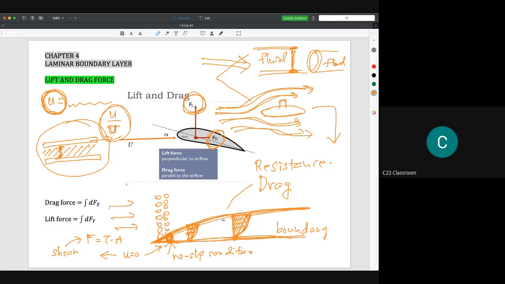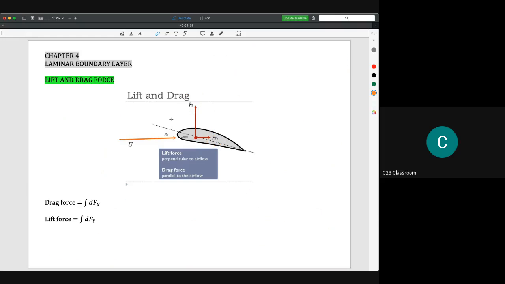So now we assume that we want to see what actually happens in the boundary layer. Okay, let's say we have a situation like this. For example, the basic idea is we have an aerofoil like this, and then we have the flow from left to right, and for sure we could have the component forces: the drag force parallel with the x-axis here, and also the lift force on the y-axis here.